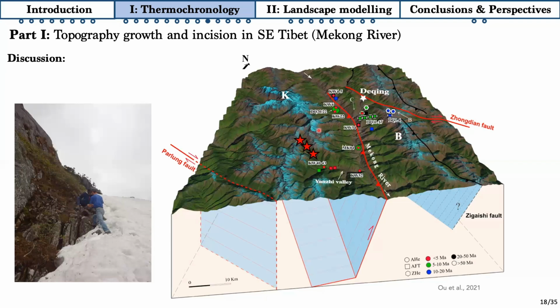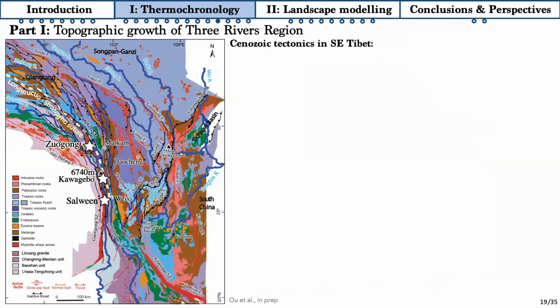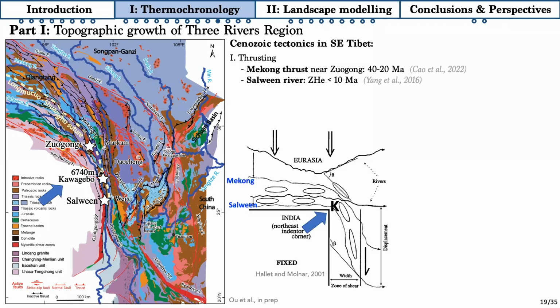And as we have seen, the uplift of the Kawagebo is more related to the thrust in the north-south direction, which could be traced in this regional map to the north and to the south too. So this large-scale distribution of the thrusts and the narrow spaces between the large rivers in the Three Rivers region has always been used to show a very strong southwest compression due to the continuous indenting Indian plate, which is very nicely shown by these highly compressed ellipses.